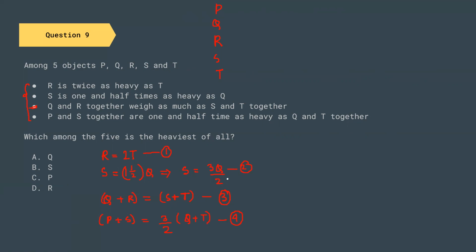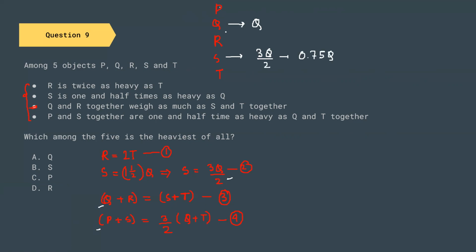In this equation we have Q, in this equation we have Q, and in this equation also we have Q. So let us target that I'm going to find all the values with respect to Q. So this will be Q. I will find P with respect to Q. I will find R with respect to Q. And S is already 3Q by 2, that is our 0.75Q.